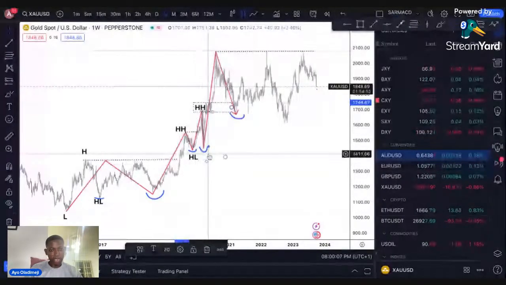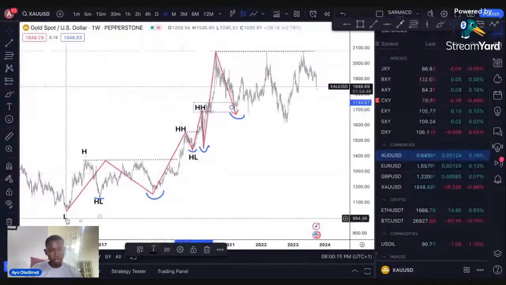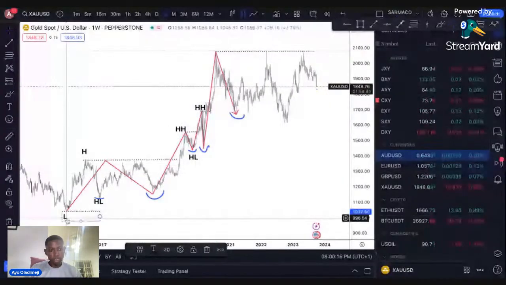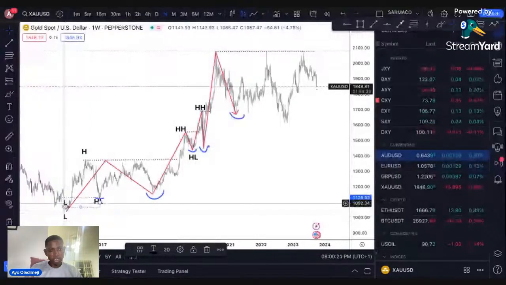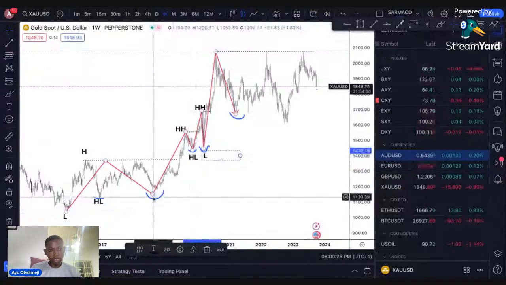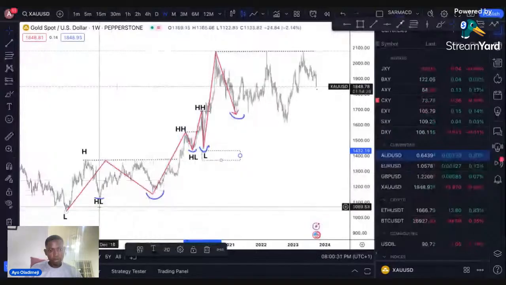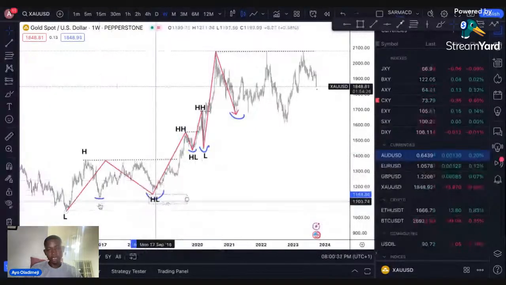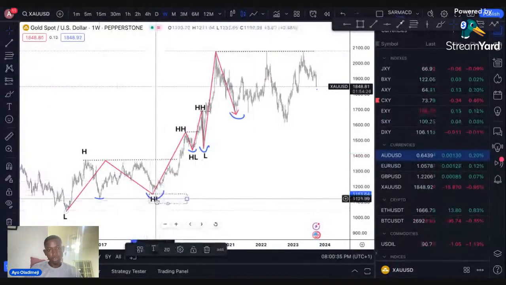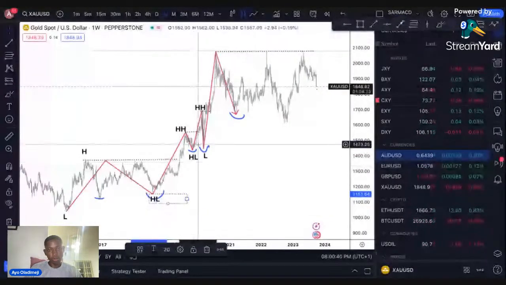Now, what this higher high created was a low, or what you like, an equal low. But it's still a higher low in relation to this guy we are looking at. So it created a higher low.